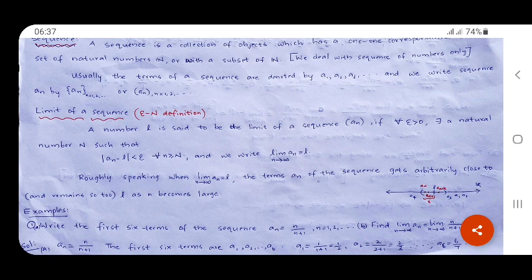So there always exists a natural number N after which all the terms are within the epsilon neighborhood of L.